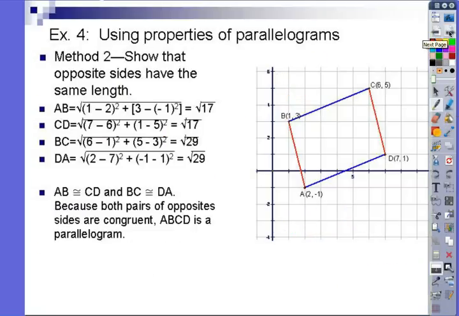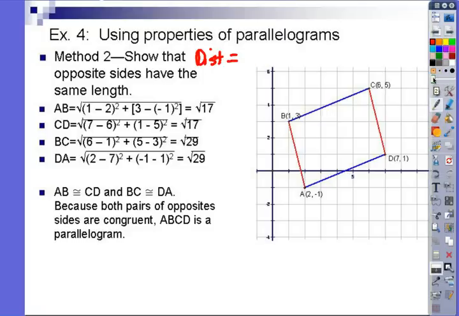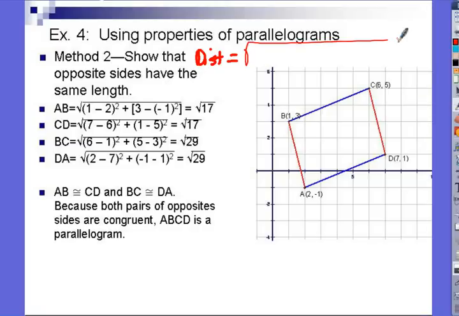Let's look at just one of these. If I want to find the length of AB, remember the distance formula. Distance equals, how did I do that? What's the distance formula? Square root of x2 minus x1 squared plus y2 minus y1 squared.